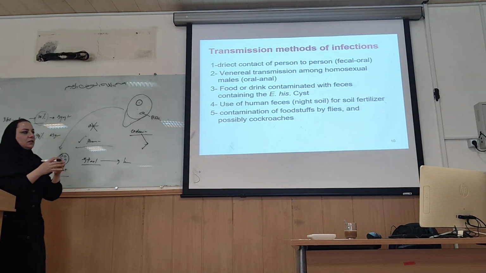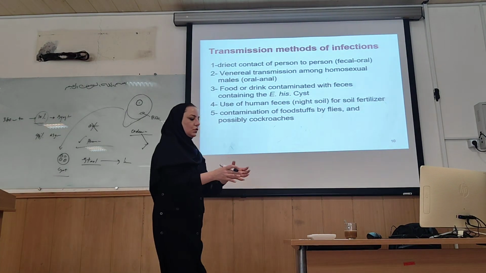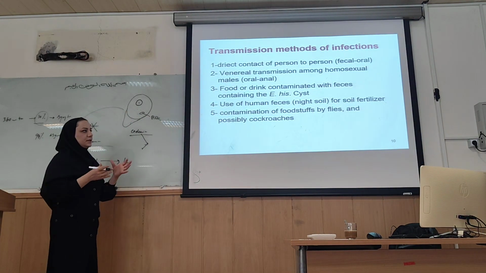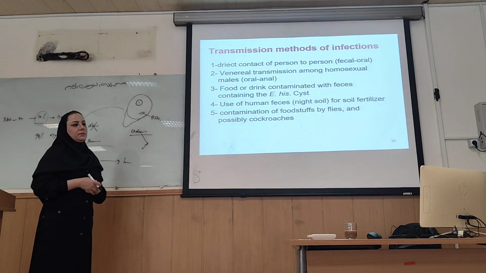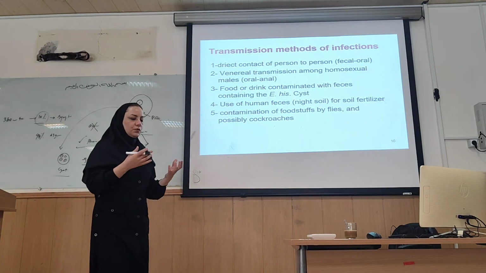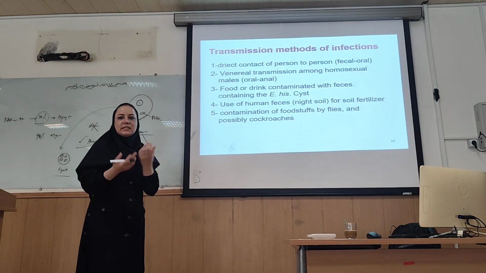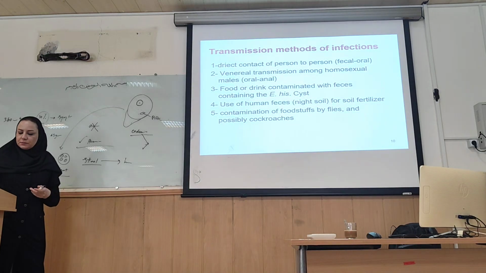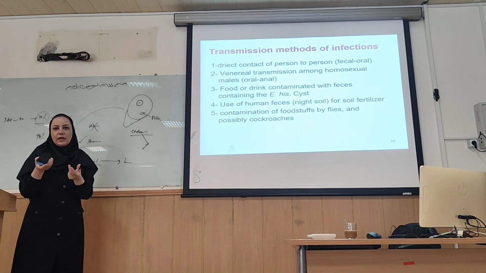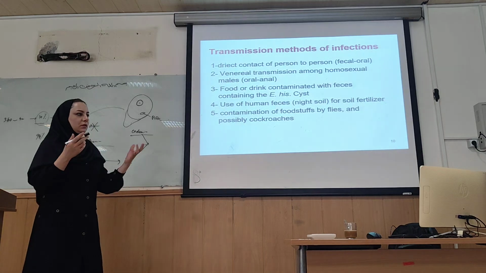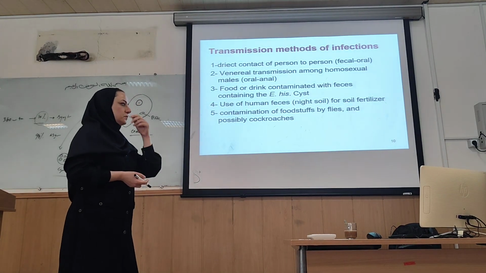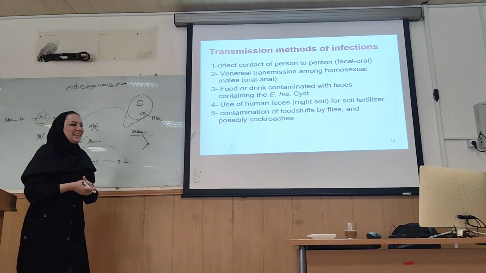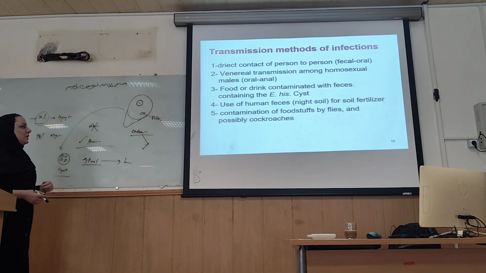After that, they touch, for example, food or anything, especially a person who works with food or handles food, making sandwiches. These are very important. Or, for example, they touch common tools in, what do you say, the dormitory. Yes? It can infect.